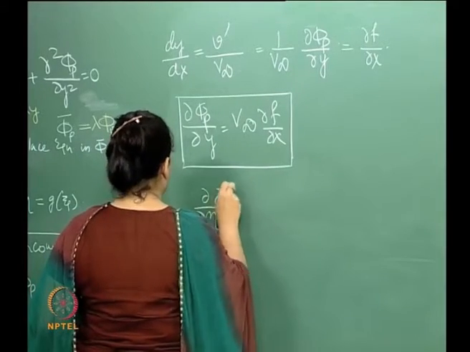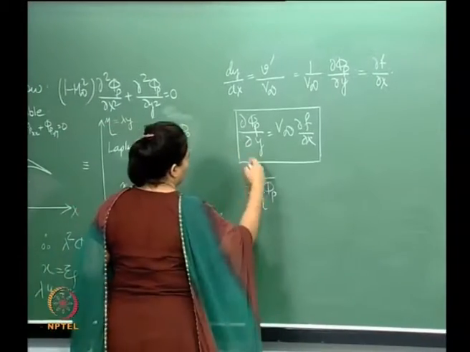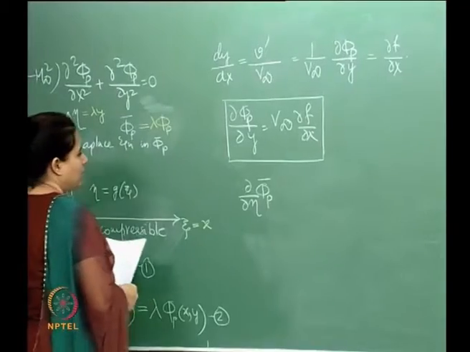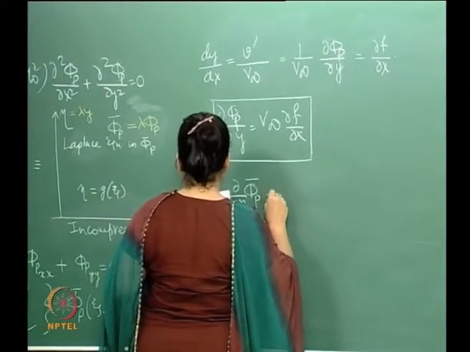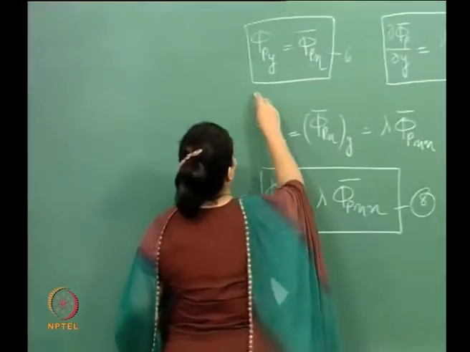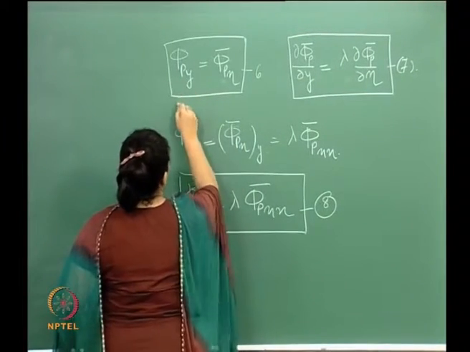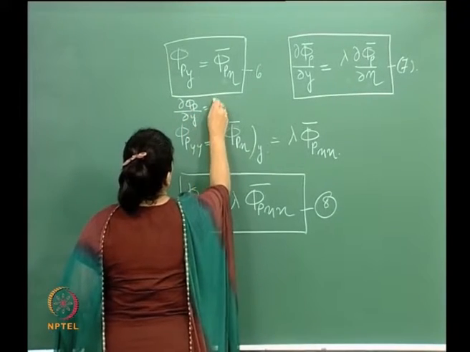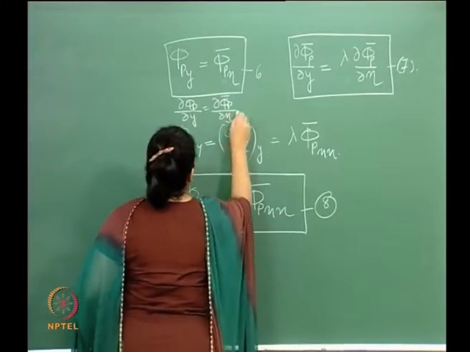the corresponding del phi p bar del eta, right. If you look at this which we did just now, this is basically del phi p del y is equal to del phi p bar del eta.